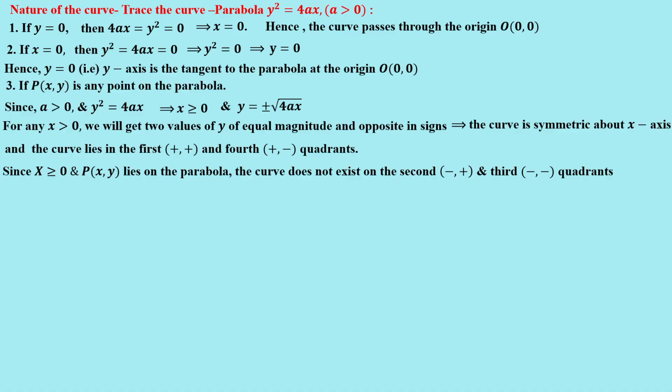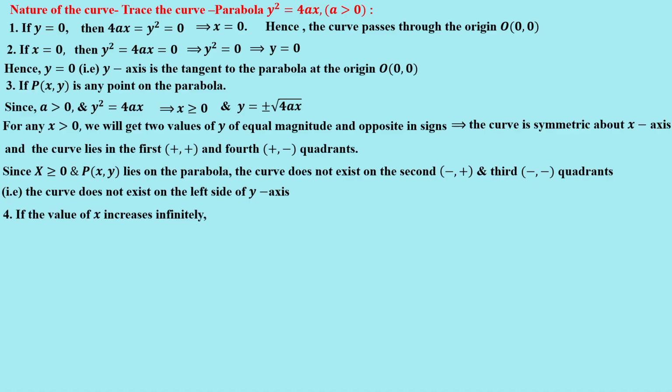If you have the x-axis and y-axis, the right top is the first quadrant, the left top is the second, the left bottom is the third quadrant, and the right bottom is the fourth quadrant. That is, the curve does not exist on the left side of the y-axis.